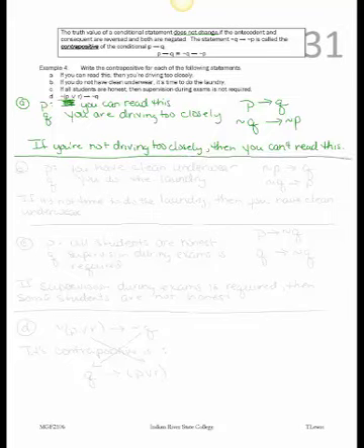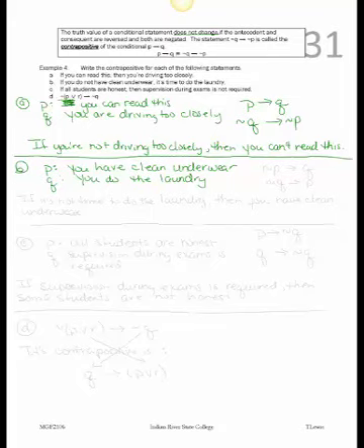B, if you do not have clean underwear, it's time to do the laundry. Okay, so let's set up our simple statement. P, you have clean underwear. Q, you do the laundry. So we're going to set it up in symbolic form.